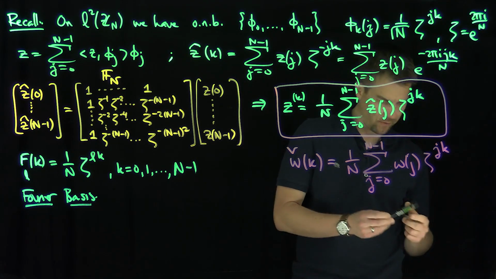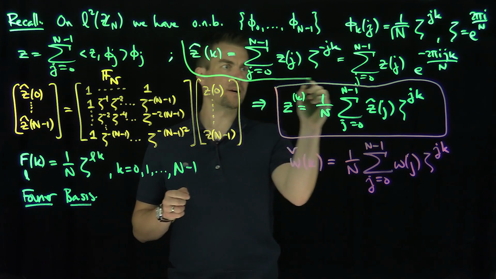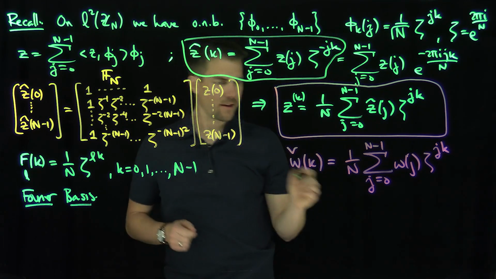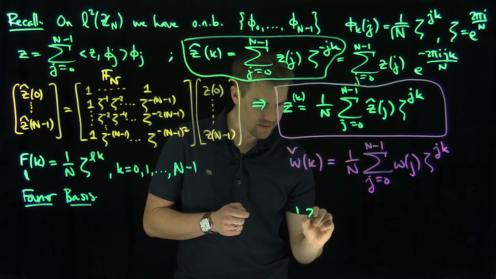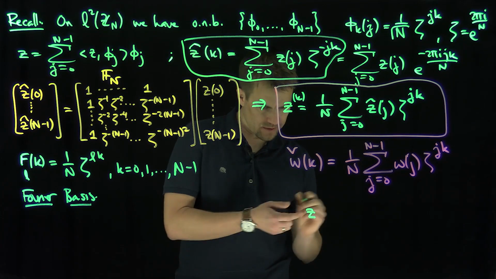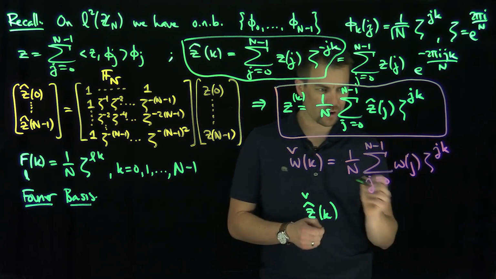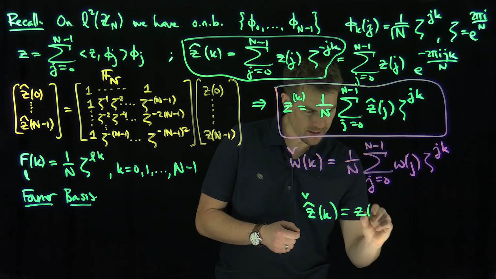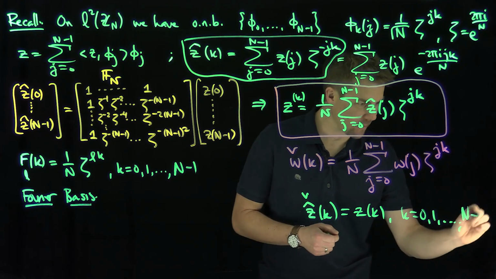It gives us our Fourier inversion, right? This tells me that z hat check of k is exactly going to be z of k for k equals 0, 1, up to n minus 1.